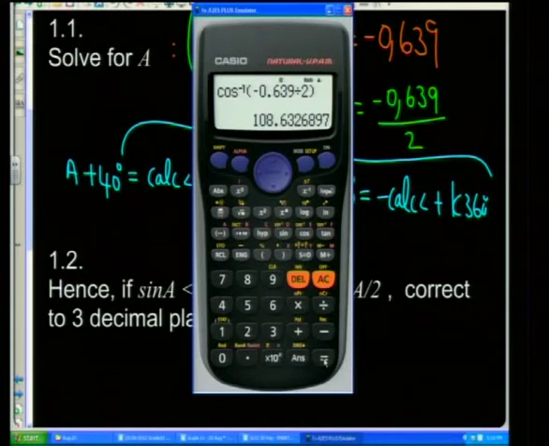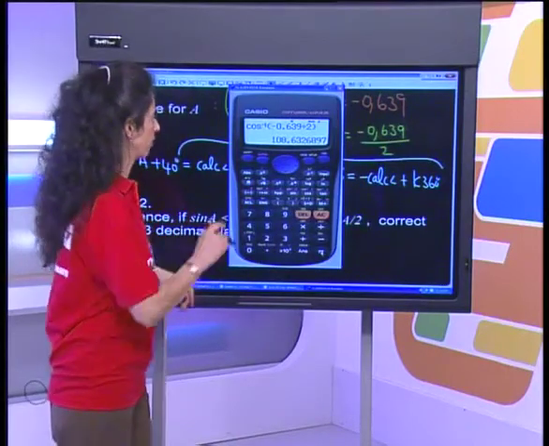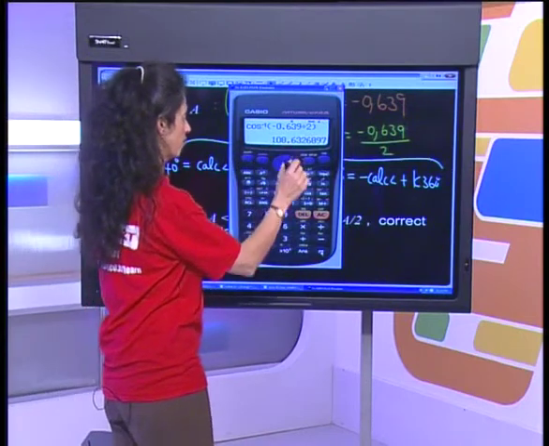So we are getting the obtuse angle that we predicted we were going to get. We just didn't know how big, but there it is, 108,6. Have a look at the decimals, 0,632687. You're not going to write them all down. You're only going to write one of them with a little dot to indicate that you're not rounding off yet. You only round off in your final answer. And let's remember that, 108,63.